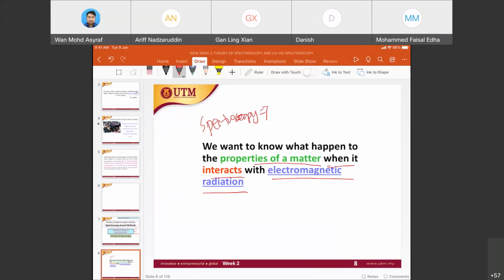Spectroscopy ni adalah interaction of matter with electromagnetic radiation. Okay, so when we talk about spectroscopy, you terus terfikir tentang interaction matter itself kepada electromagnetic radiation.